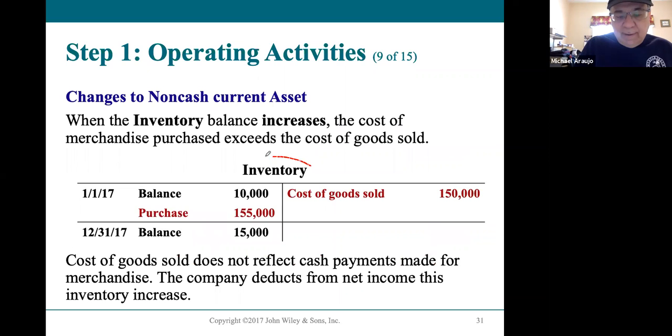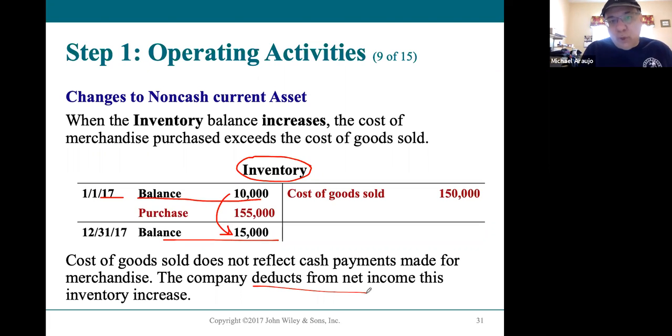Inventory, right? Usually when we buy inventory, it takes cash. So our inventory here went from $10,000 at the beginning to $15,000 at the end. So we had to use $5,000 more of cash to buy this inventory, and so we're going to take it away. We're going to reduce our cash flow for this increase.